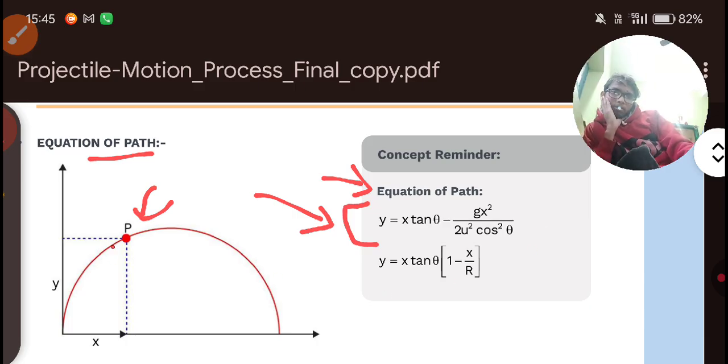Let's explore it. This point was about the coordinates: how to find the coordinates, the location of this ball. To get this, we will use this equation, which is the equation of a path.